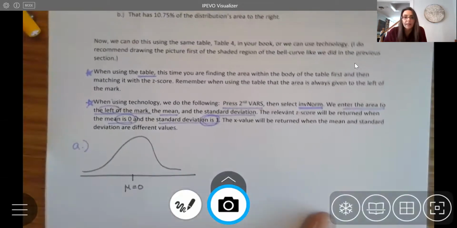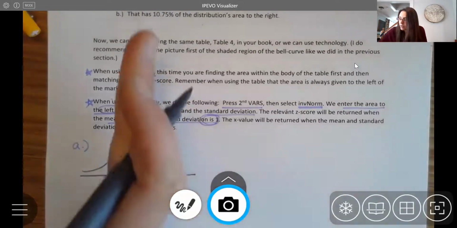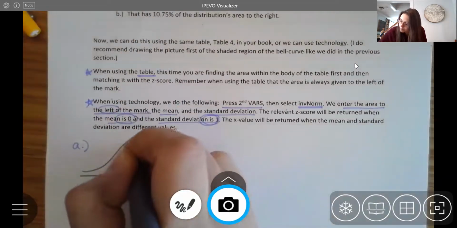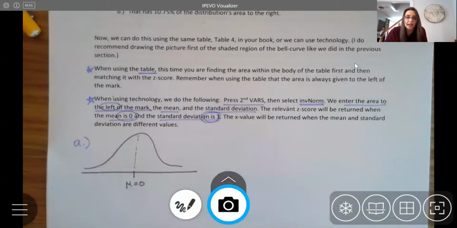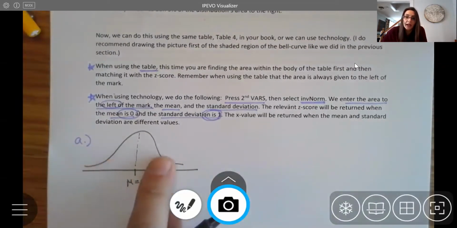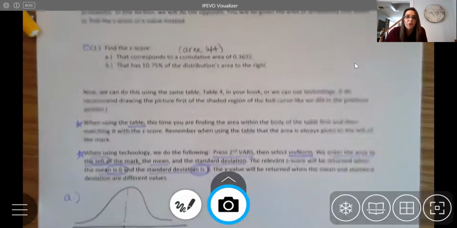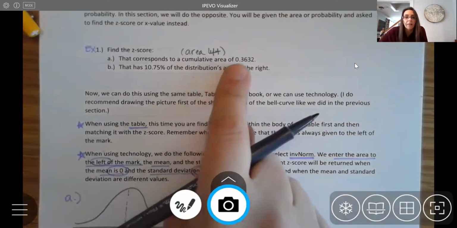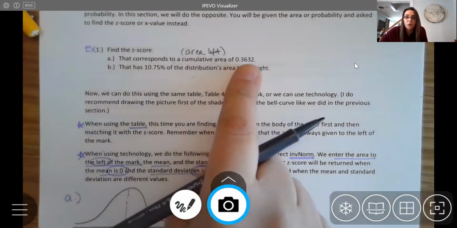So just keep in mind some basics from the curve from last time: at 0, you have 50% of your data on the left and 50% of your data on the right. So you have that 0.50 as the cutoff mark in the middle for the area. If I'm looking for the area of 0.3632, notice that's smaller than 50%.